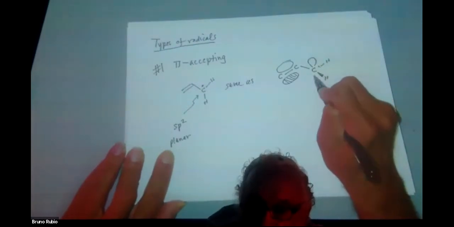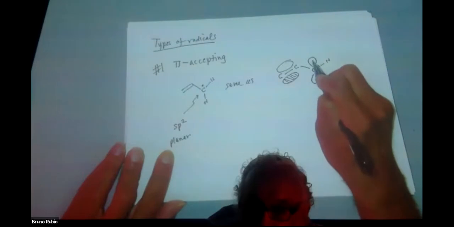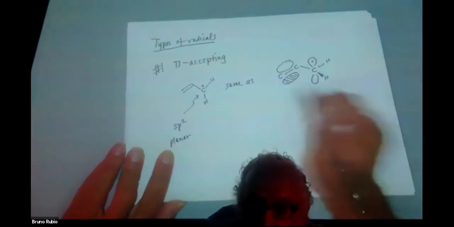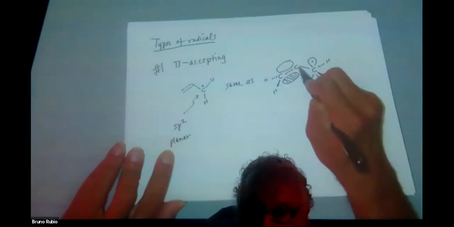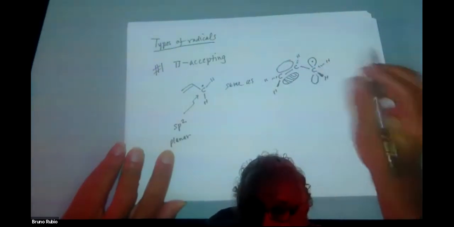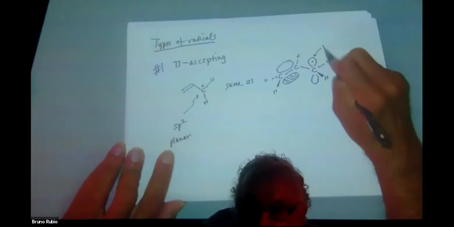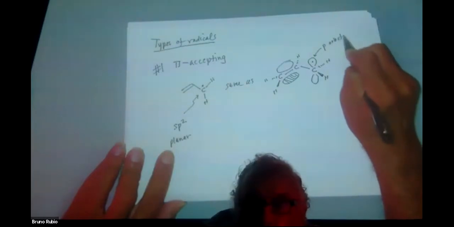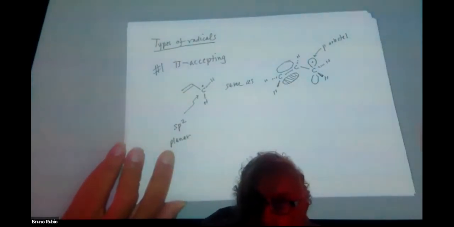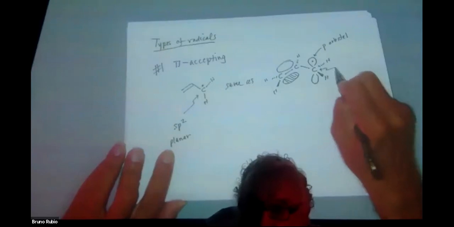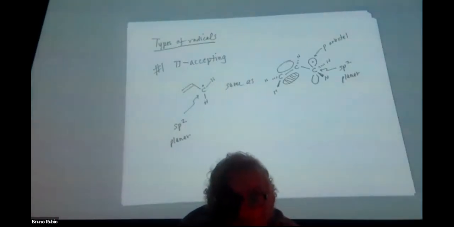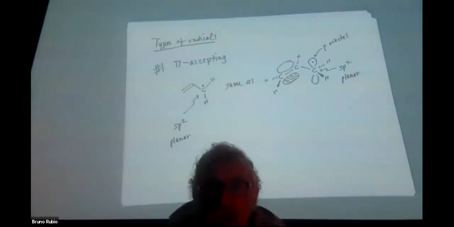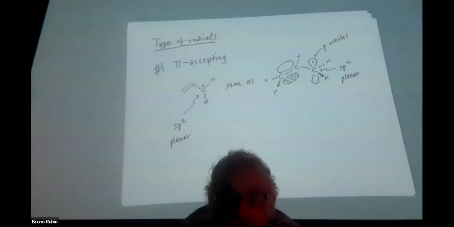There's a p orbital here, and there's an electron in there. And here we have the rest of the detail. This is a p orbital. That's where the radical electron lives. This atom is sp2 hybridized and it's planar. All right, so that's what a pi accepting radical is going to look like.